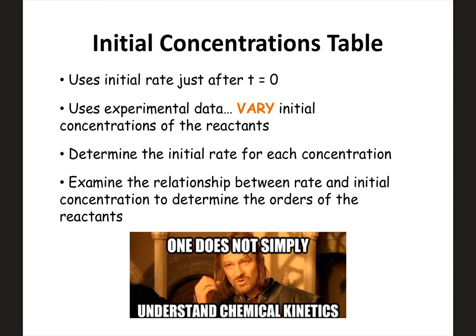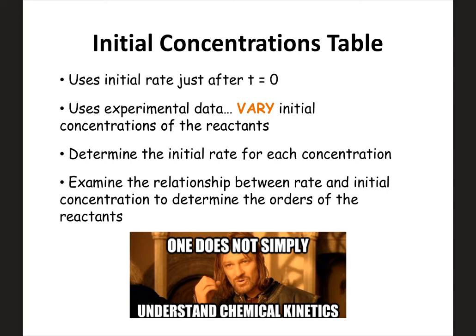Remember, we don't care about the products for the actual rate law. So when we're doing these tables, we vary the initial concentrations of the reactants, but you still try to keep at least one of them the same and then change the other one so that you can make comparisons. I'll show you what that looks like.